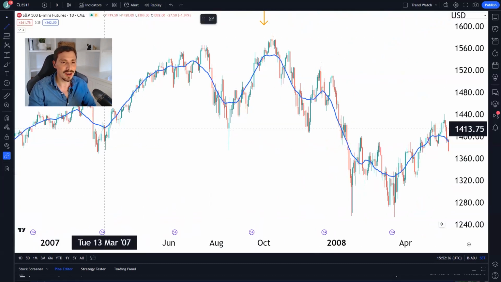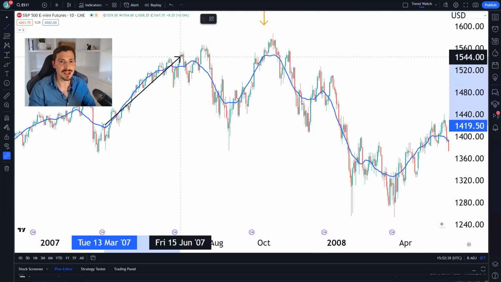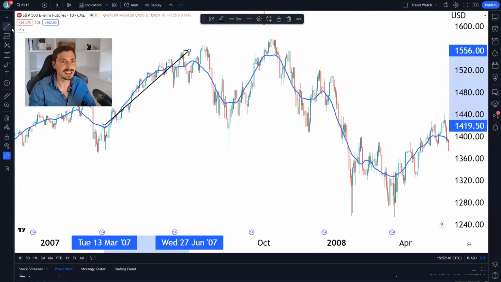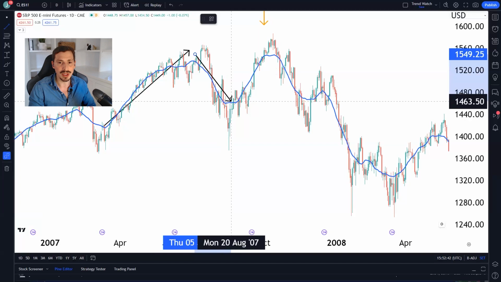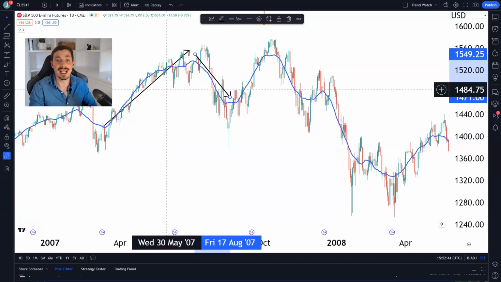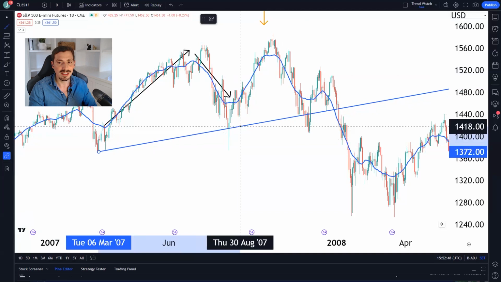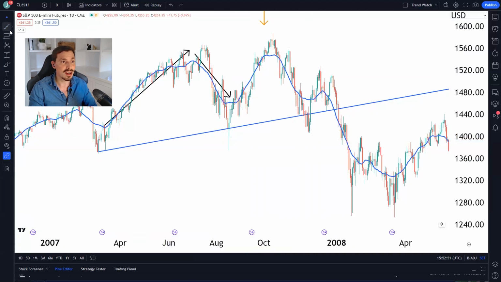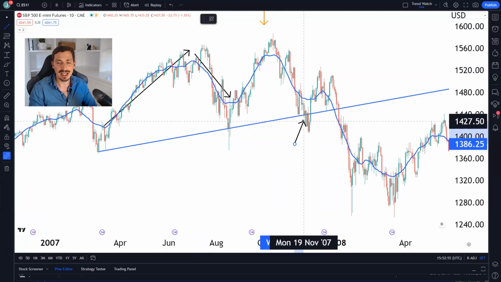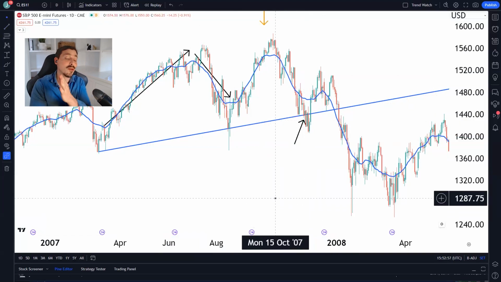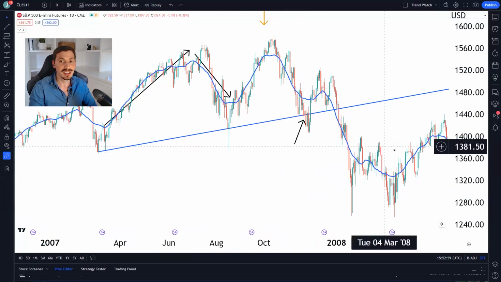So here's our first 20-week low. Prices are rallying into a 20-week high, then selling off into a 20-week low. So okay, we have a completed cycle. We can draw the VTL here. And you can see that prices are crossing it around this black line right there. Now this is the first VTL that was crossed.